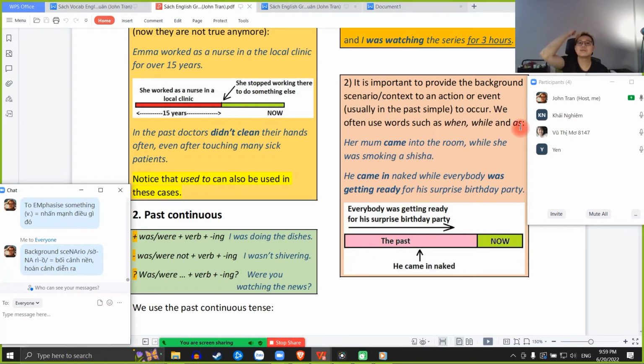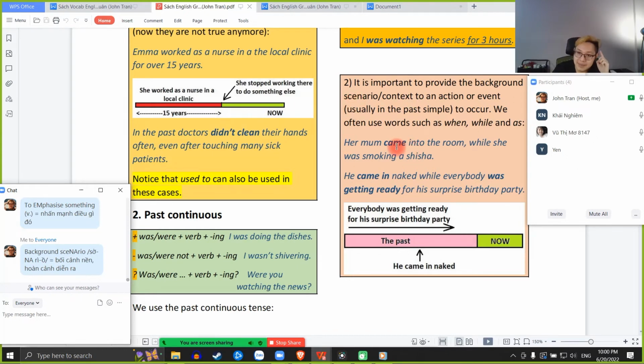Ví dụ, her mom came into the room while she was smoking a shisha. Mẹ cổ đi vào phòng trong khi mà cổ đang hút cái shisha. Thì cái bối cảnh nền là khi cổ đang hút shisha. Hành động là gì? Má cổ đi vào phòng. So while she was smoking a shisha, it's a context or background scenario.